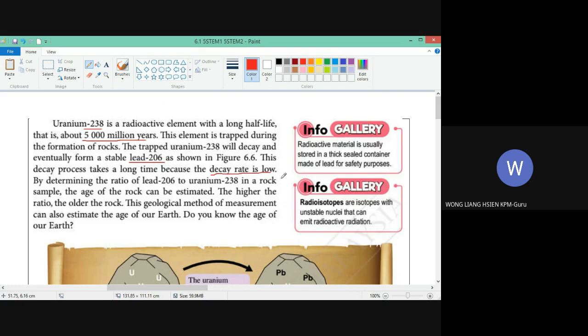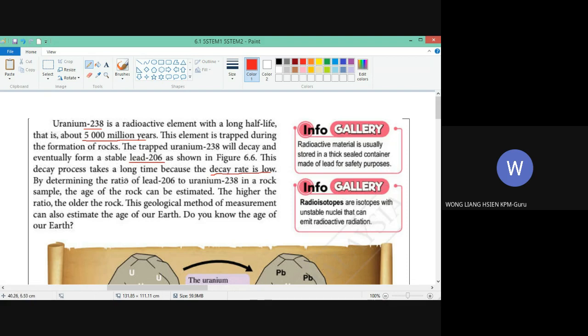That means if you have, let's say, 10 atoms of uranium-238 that have unstable nuclei, you have to wait 5,000 million years, then only 5 of the uranium will decay. So that means the decay rate is very low, very, very slow. Get the idea.